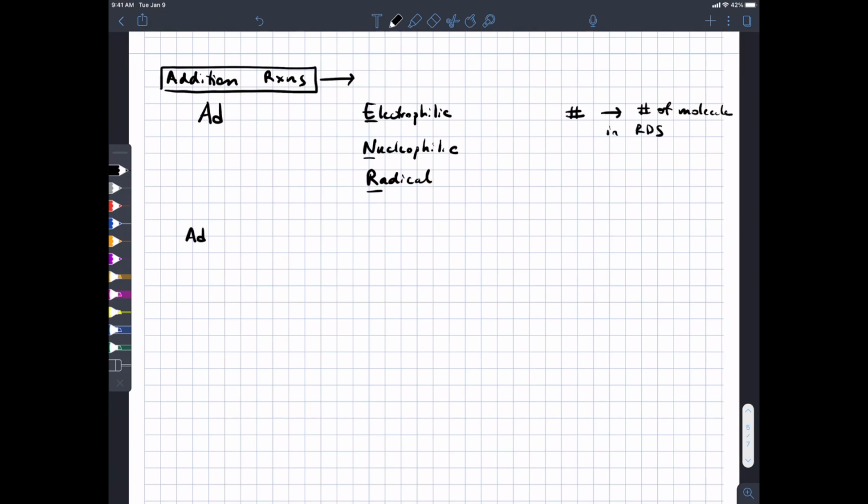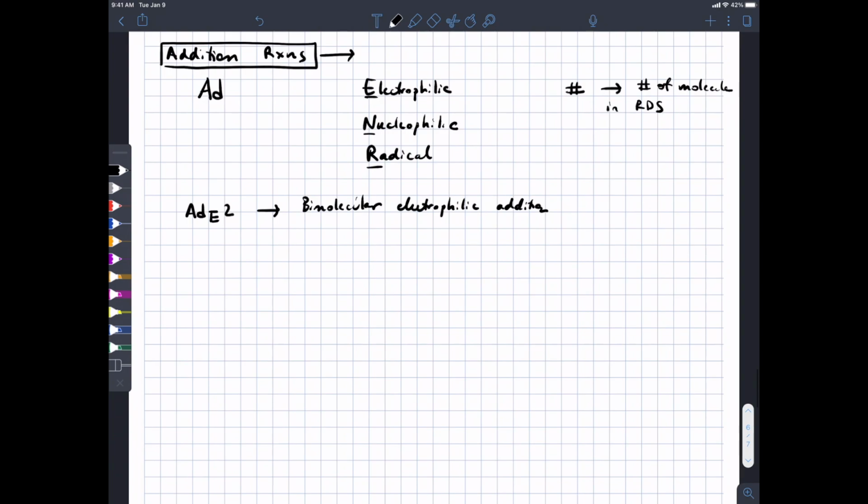So as an example, ADE2 would mean bimolecular, that is, 2 molecules in the rate determining step, electrophilic addition. And your classic example of bimolecular electrophilic addition would be what you learned about in undergrad chemistry in terms of alkene hydration, right?